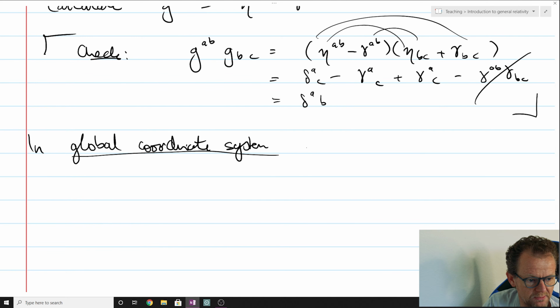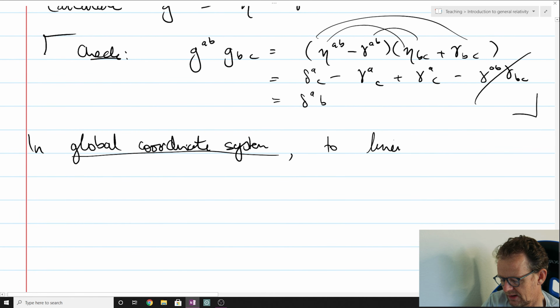If our space-time is covered by a global coordinate patch, it seems unlikely with the current experimental evidence. But if you assume that space-time can be covered by a global coordinate system and that the metric G is almost eta plus some small components in gamma, then you can start to calculate the stuff we need to calculate to write down Einstein's field equations.